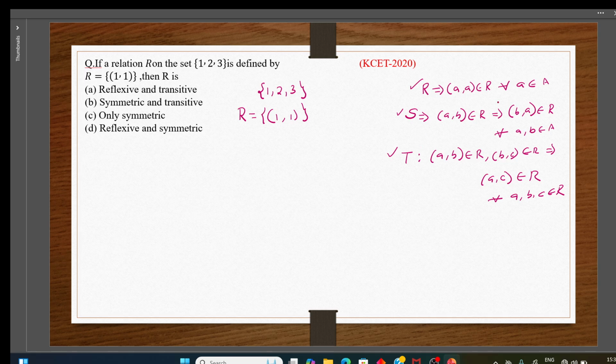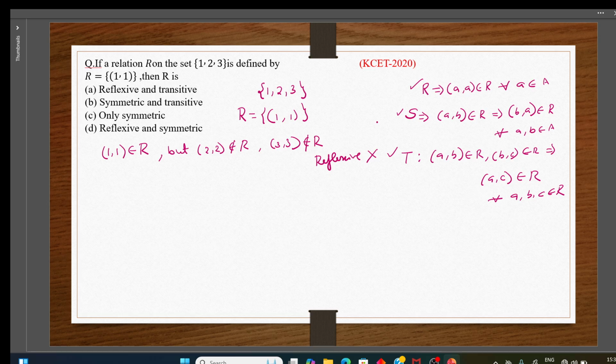We know these. Clear. Now we have to check reflexive. In the relation, (1, 1) belongs to R, which is satisfied, but (2, 2) does not belong to R, and (3, 3) does not belong to R. So reflexive is not satisfied.